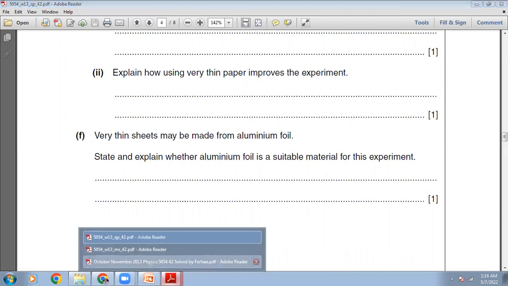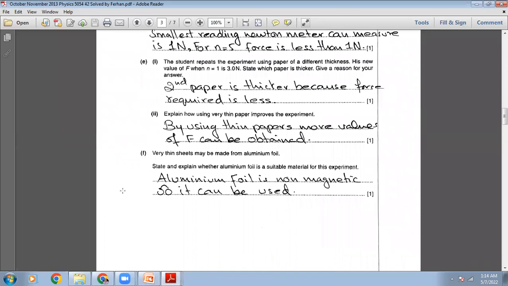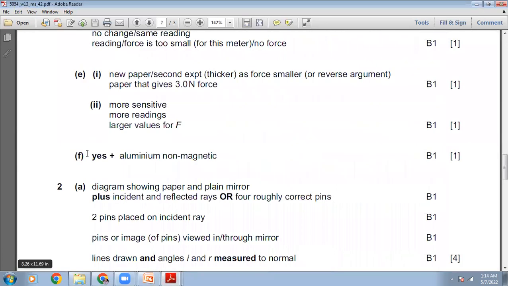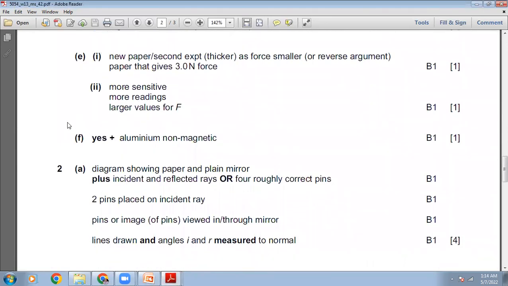So by using the thin paper, more values of F can be obtained. More sensitive, more readings, larger values for the F. So to measure the larger value is a little easier. Smaller values are difficult to measure. More and larger.